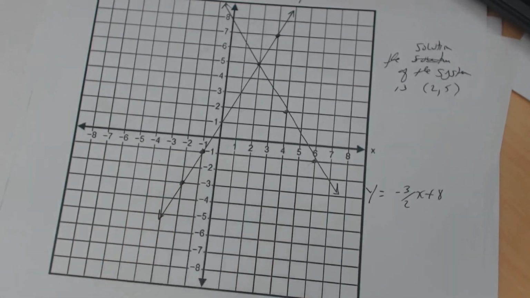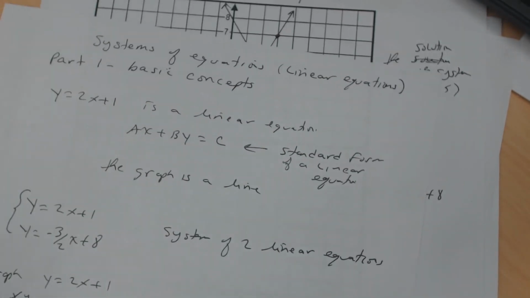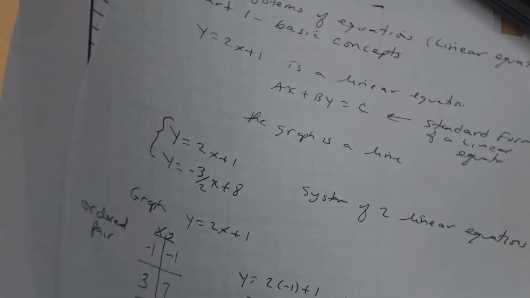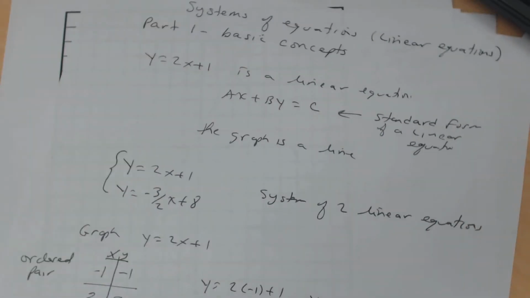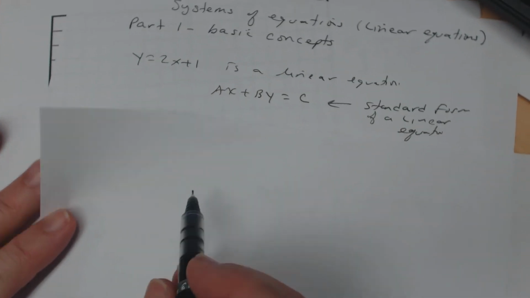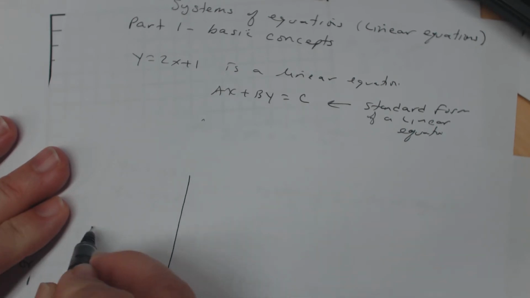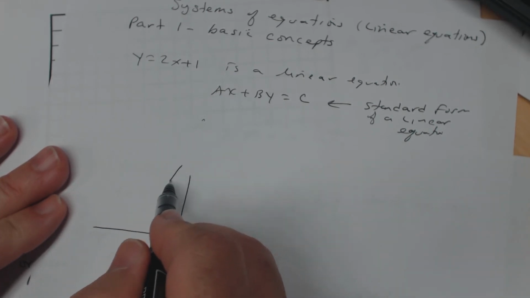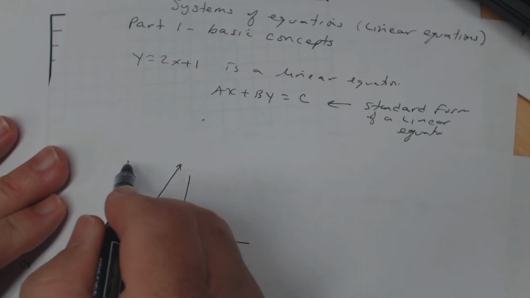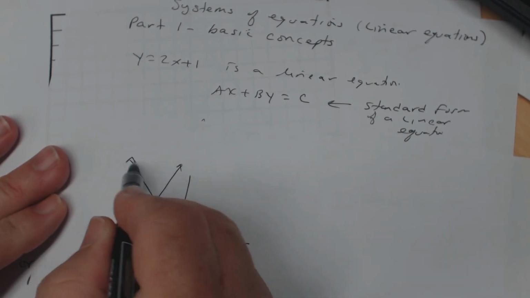All right. So when you look at a system of two linear equations, a couple of things can happen. The graphs can intersect at exactly one point.